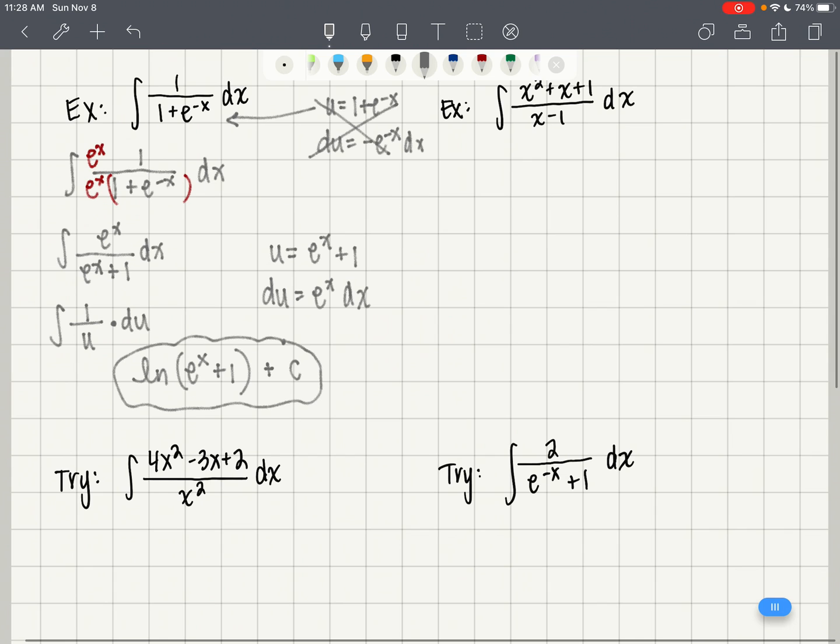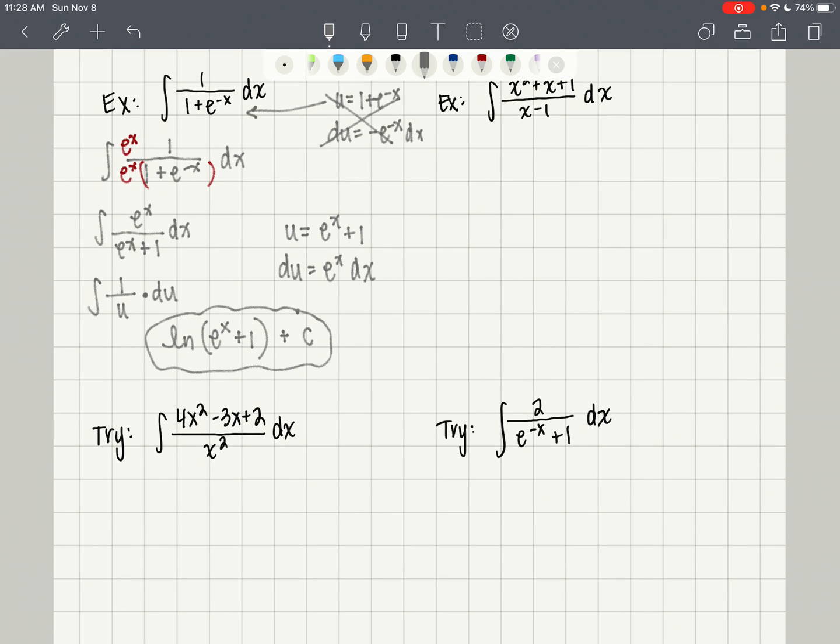However, this next example, we have to use long division. You could also use synthetic because you're dividing by a linear expression with a lead coefficient of 1. So I'm going to do some synthetic division here.